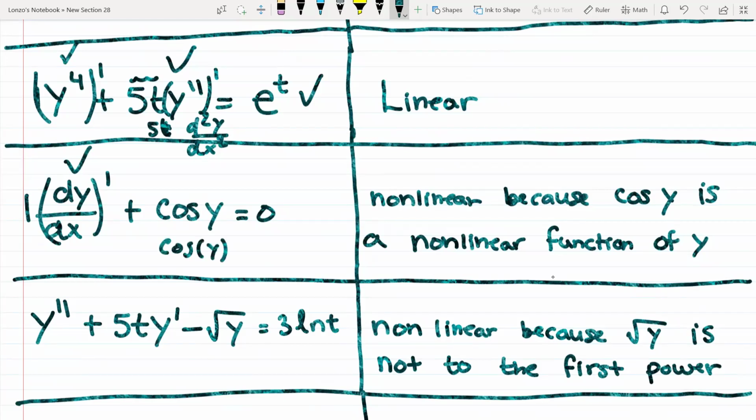There's no actual derivative. So that's why this is nonlinear. And basically, if you graph cosine of y, that's a trig function, so that's why it's not linear.